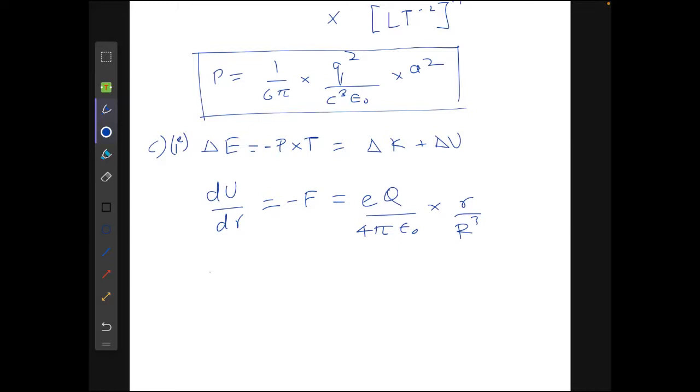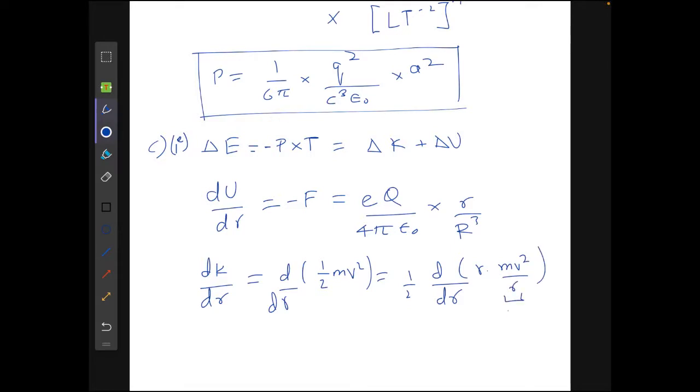And similarly, dK by dr can be written as d by dr of half mv square, which can also be written as half of d by dr of r times mv square by r.